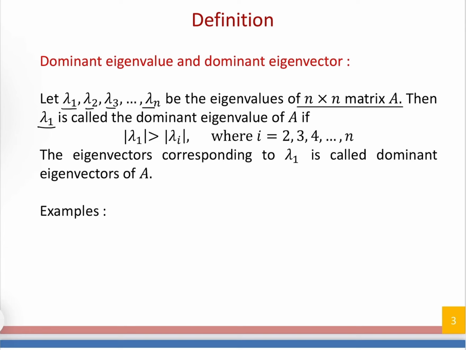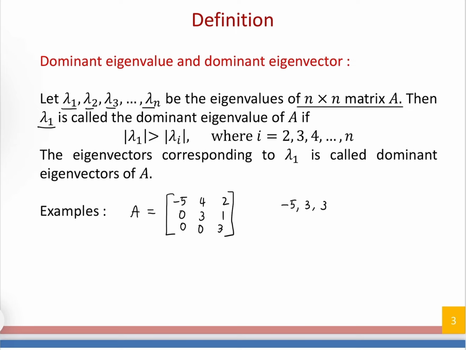For example, now if I consider this matrix, A is equal to minus 5, 4, 2, 0, 3, 1, 0, 0, 3 again. Look at this, it is an upper triangular matrix. From this it's clear that eigenvalues are minus 5, 3 and 3, the diagonal entries.